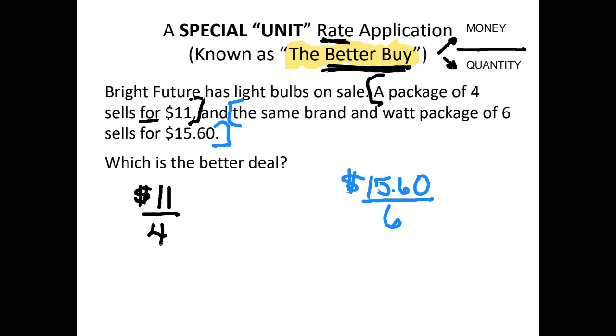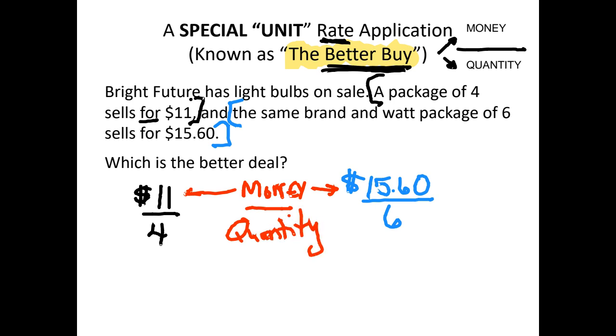Money is in our numerator. Quantity is in our denominator. Now, how do we work this? Well, we got to know what this line means. It means divide.